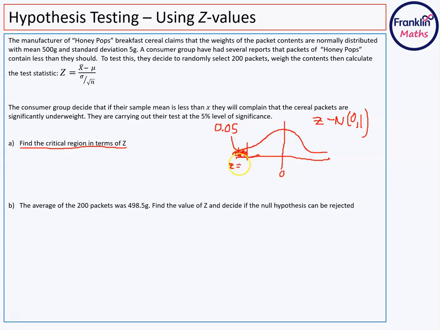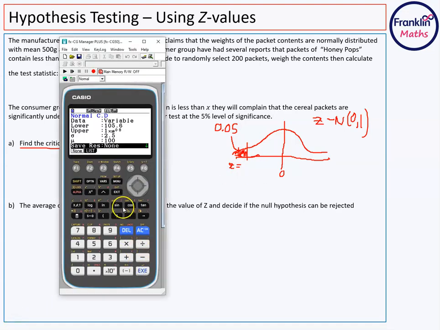So you maybe already know that's around 95%, something like that. Okay, so grab the calculator. So this is the normal distribution. This is an inverse problem because we know the probability. This is a left tail. We have an area of 0.05.